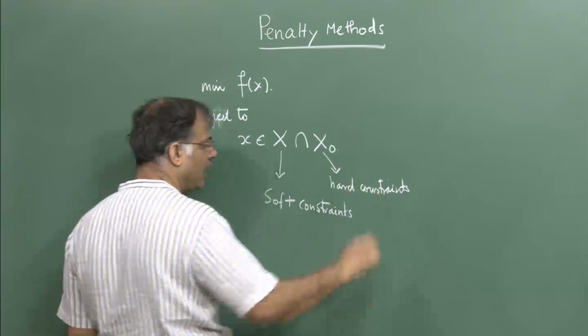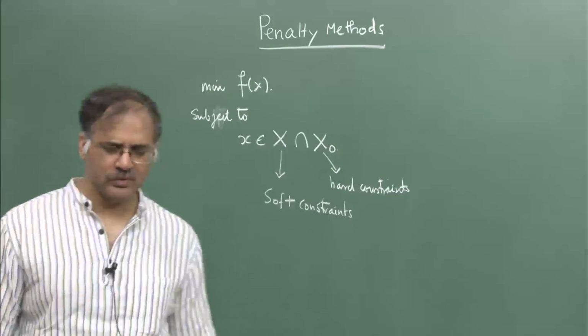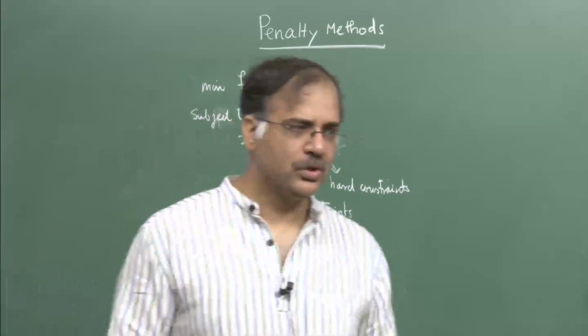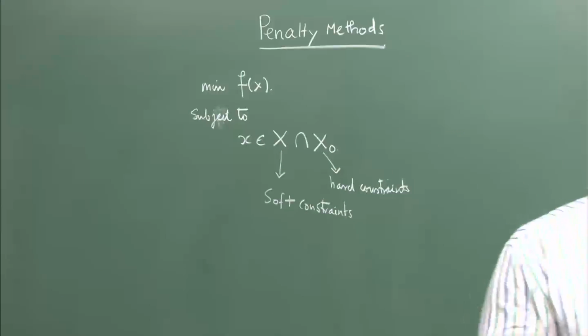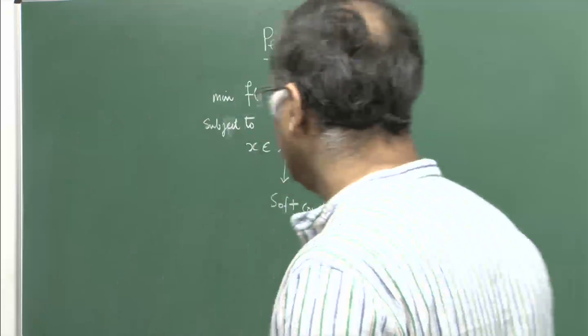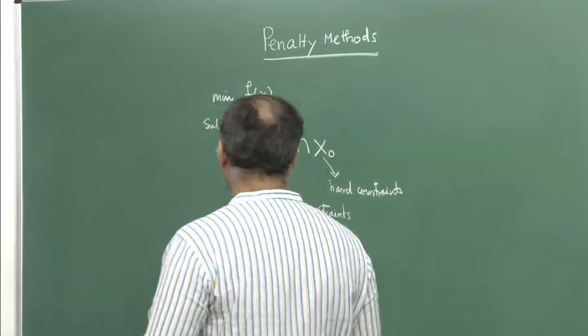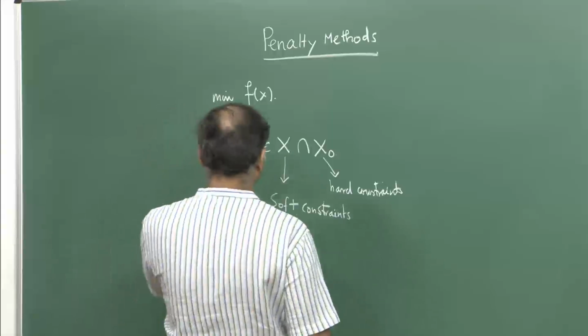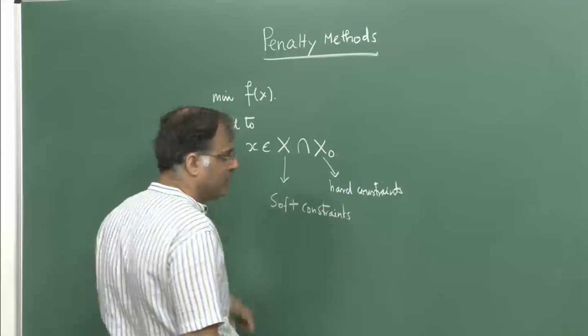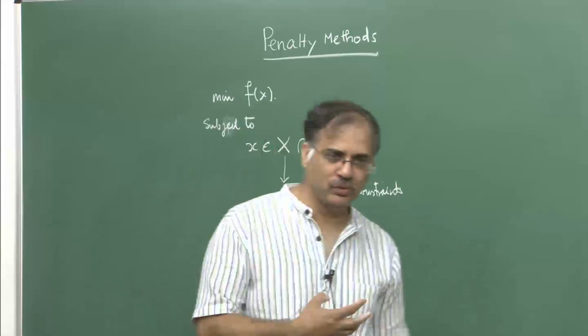The reason is this: we always want to convert a constrained problem into an unconstrained problem, because that is easier to solve. In the penalty function approach, we pick some constraints from the set of constraints and add them to the objective in some manner, and we will show what that manner is.